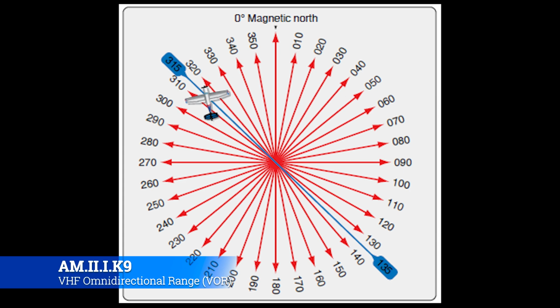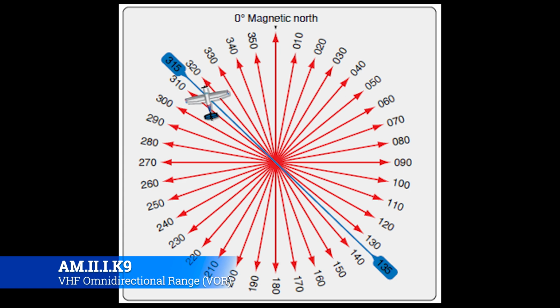The radio waves are received as long as the aircraft is in range of the ground unit and regardless of the aircraft's direction of travel. So on the graphic that we're looking at now, that airplane could fly anywhere as long as it's tuned to the VOR that has the right frequency in the nav radio that's tied to that VOR.